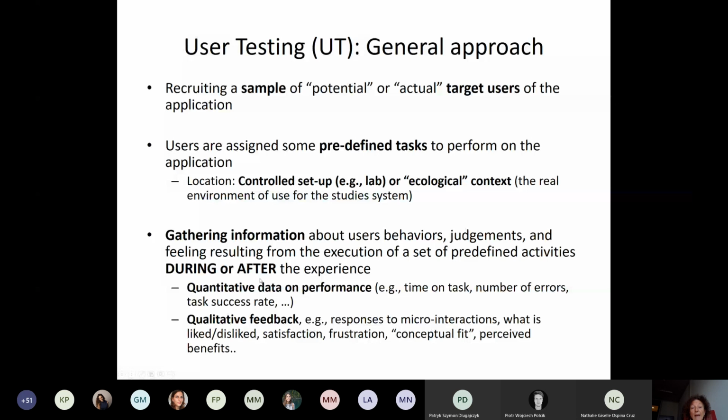And you can have both quantitative data and qualitative data. So quantitative data are time on task, so how long it takes to perform the task, number of errors, task success rate. We will define these parameters more precisely in a minute.